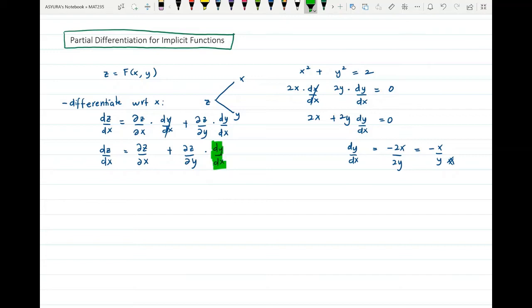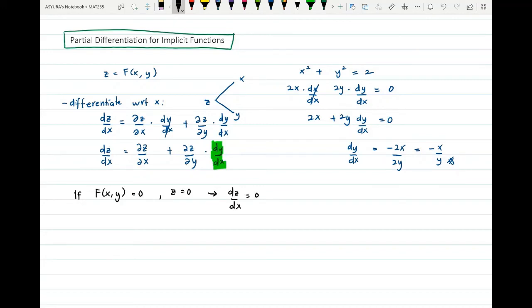What you can do is assume f(x, y) equals 0. That means z equals 0, so if you differentiate, dz/dx will equal 0.